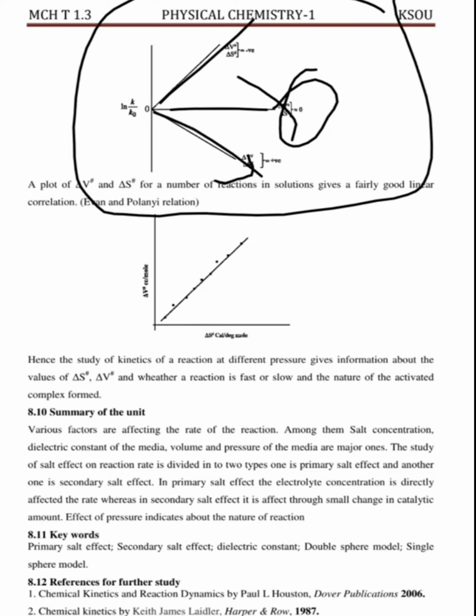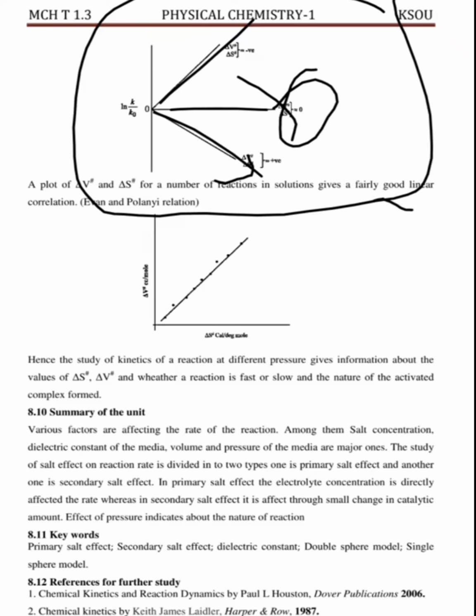Delta S double dagger is the entropy of activation. Delta V double dagger is the volume of activation. So studying the kinetics of a reaction at different pressures gives information about the values of delta S double dagger and delta V double dagger, whether the reaction is fast or slow, and the nature of the activated complex formed.